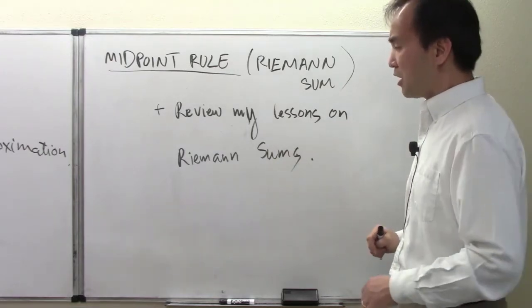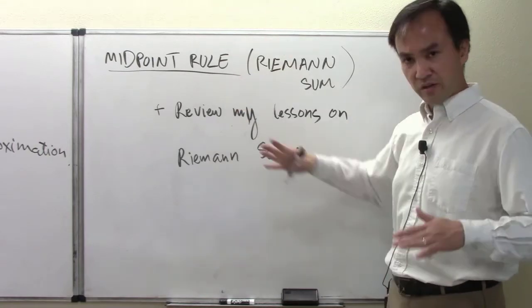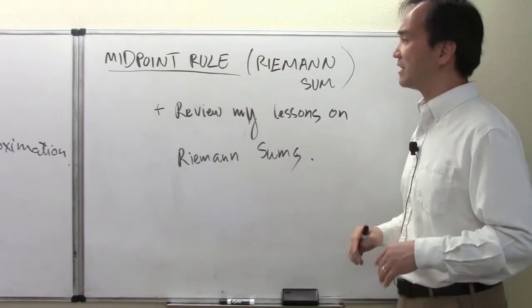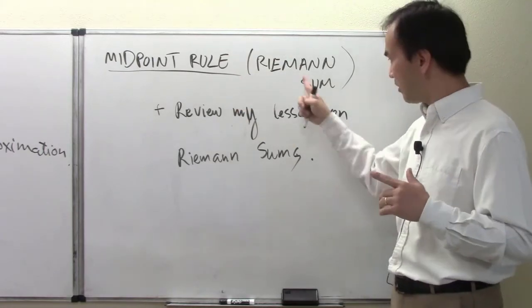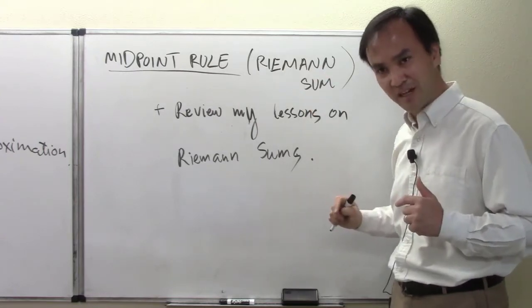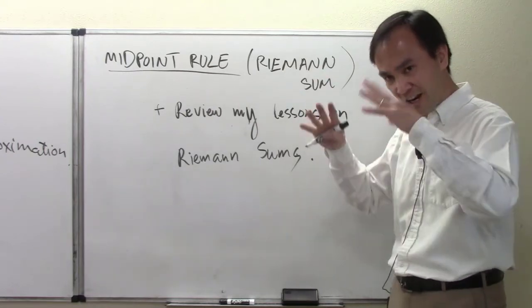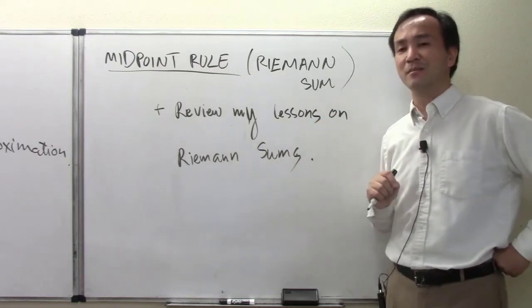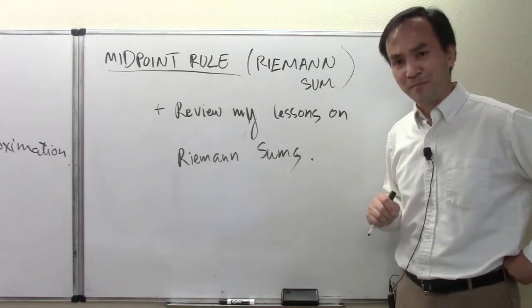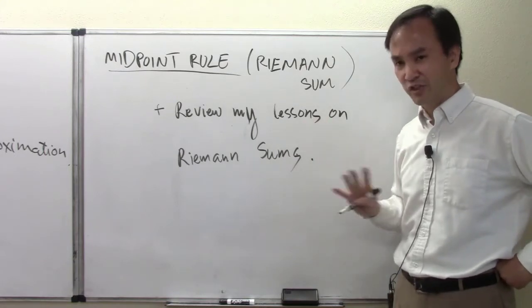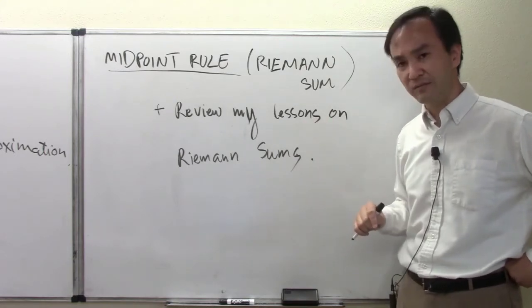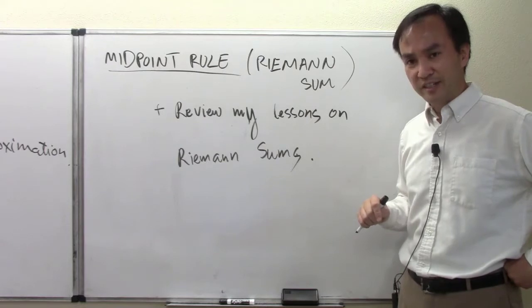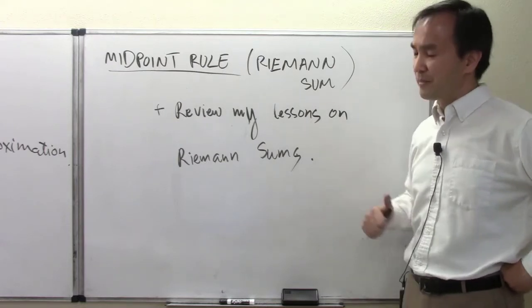Just to mention, the midpoint rule, even though it was a Riemann sum problem, deserves its place to be regarded as one of the big ideas in approximating a definite integral. So I just mention it here, but we don't need to repeat any of those exercises or examples. So that should be it for the midpoint rule.